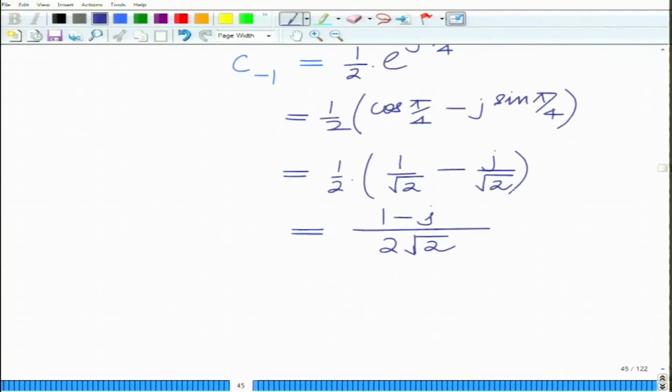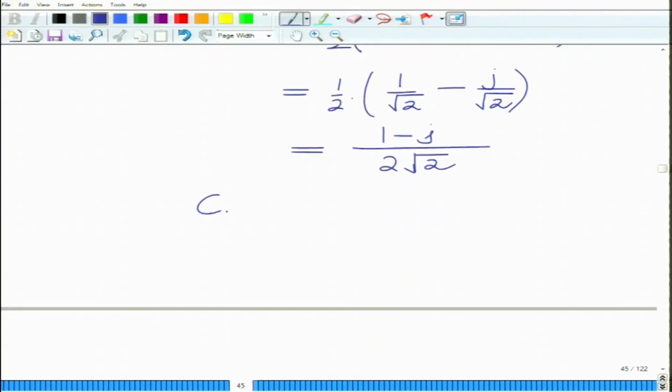So Ck for any k not equal to either plus 1 or minus 1 is basically 0. So all the coefficients, the rest of the Ck, are equal to 0 for all |k| not equal to 1, that is, for k not equal to plus 1 or minus 1.